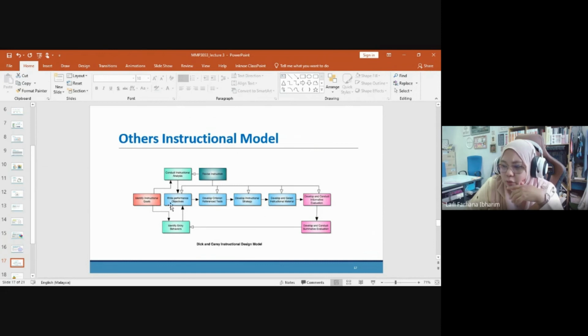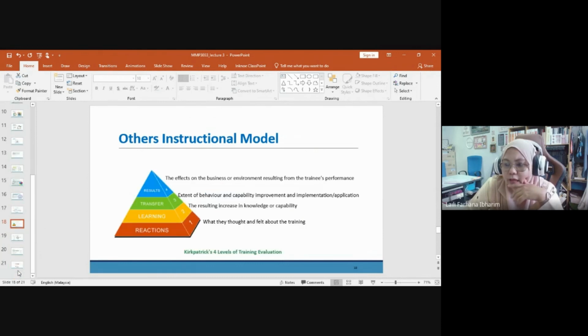You will follow the steps they have provided for you as a teacher to design your instruction or the lesson planning in your class.